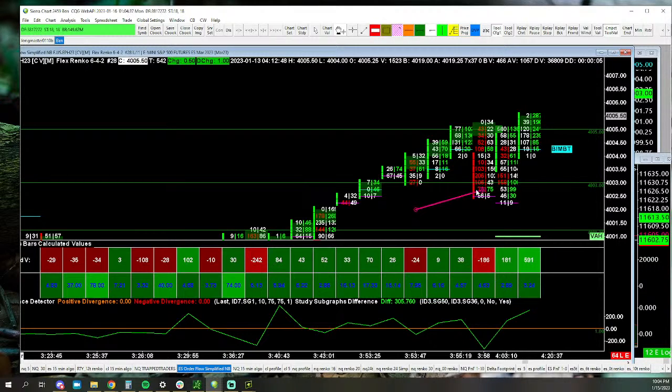So 78 sellers here and 55 sellers here all got short underneath that level. Now, notice this one actually had zero on the bid side. So there were no sellers on the bid on the way up here, and now there are 78. So that's a lot more healthy of a move up.